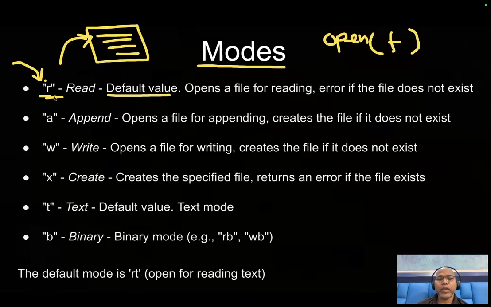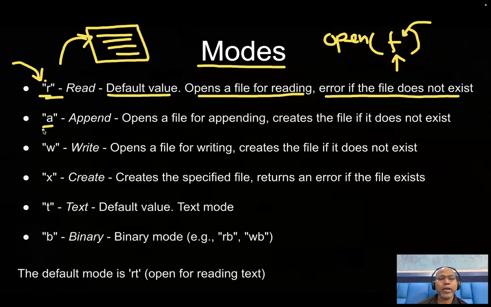Whenever I say default mode R, that means open the file for reading. If the file does not exist, the open function throws an exception. Be aware: whenever you say open with your file name, this file must exist. That is the first thing.